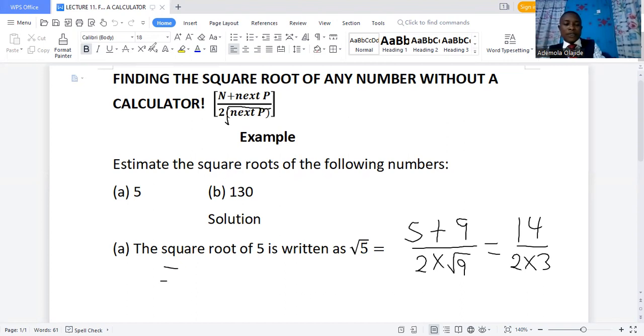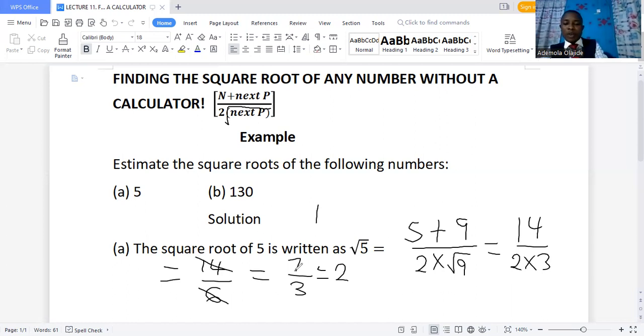So we'll now get 14 over 6, which we can easily reduce: 2 in 14, 7; 2 in 6, 3. Converting 7 over 3 to decimal is not a problem. You just say 3 in 7, it goes 2 times, remainder 1.